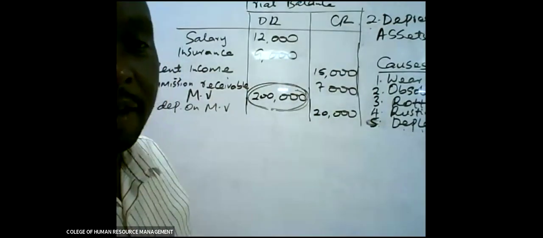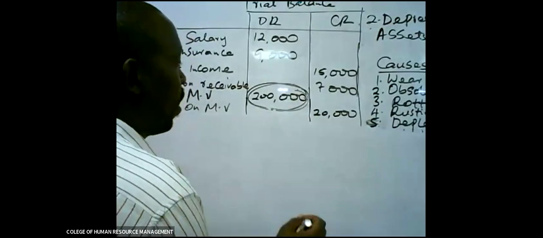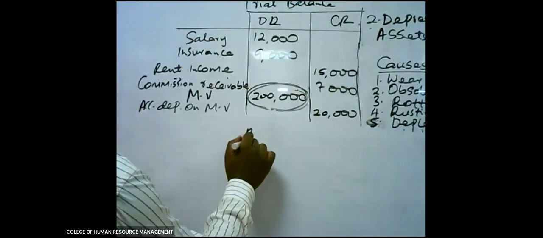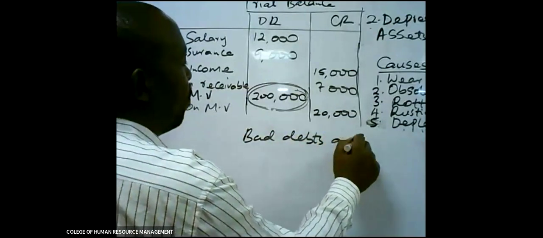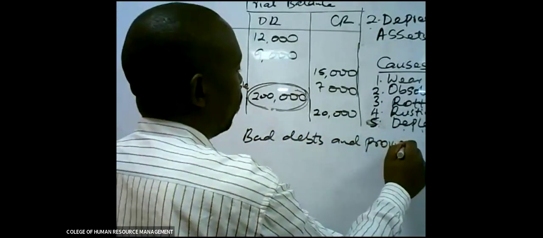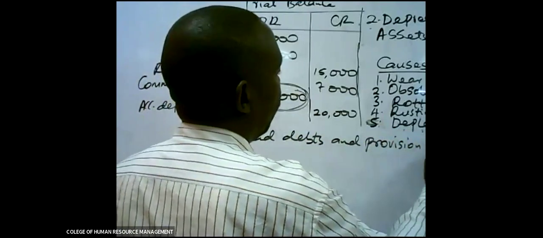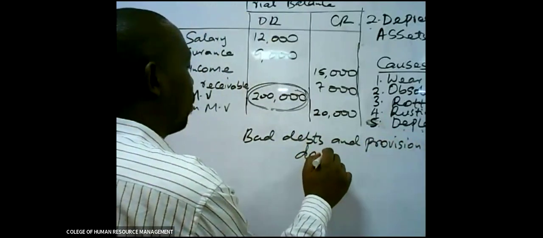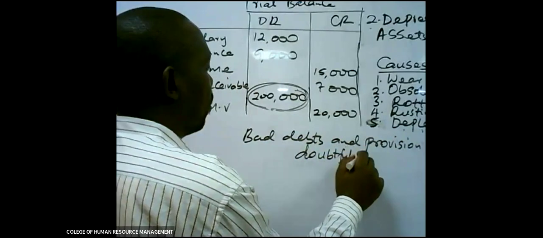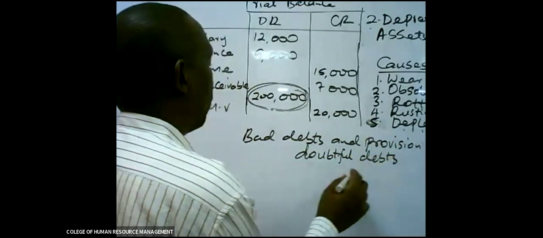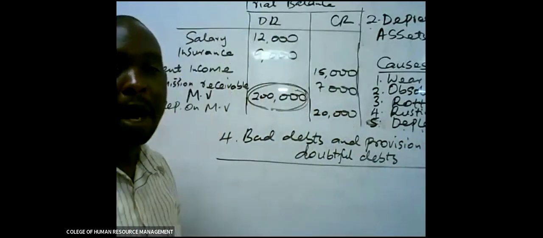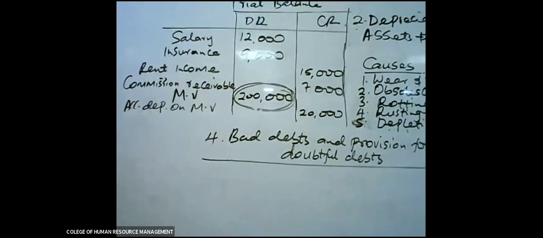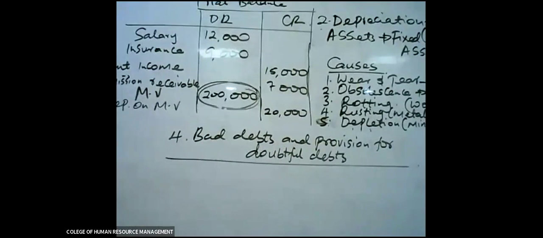The last end year adjustment is what we call bad debts and provision for doubtful debts.